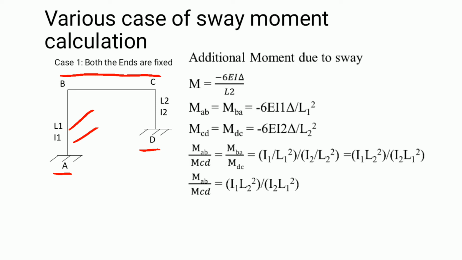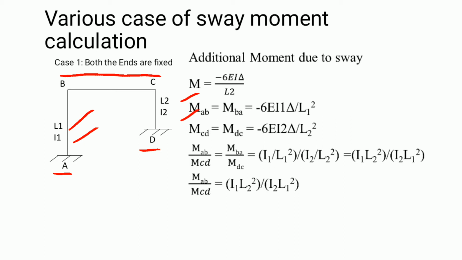Similarly, CD is the column with length L2 and moment of inertia I2. You can observe that this is a portal frame which is usually subjected to sway. Why? Because the column lengths are different and the moments of inertia of the two columns are different.